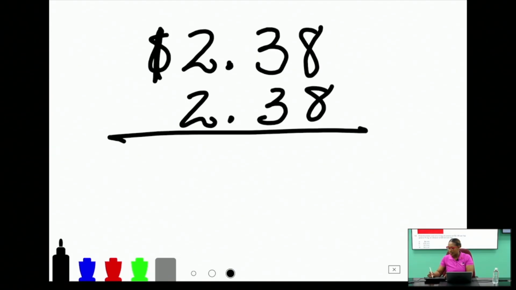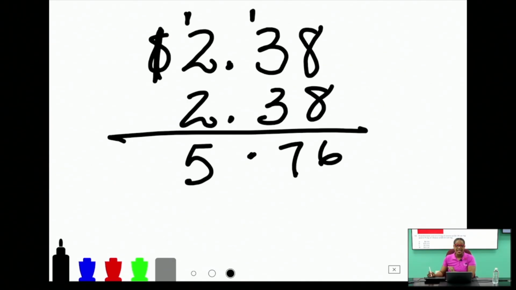All right, 8 plus 8 is 16, and 3 plus 3 is 6, and 1, 7. So we're talking about 2 kilograms would cost $5.76, right? And then you have half of a kilogram, which would be half of $2.38. So we are talking about $1 and, is that 16 cents?